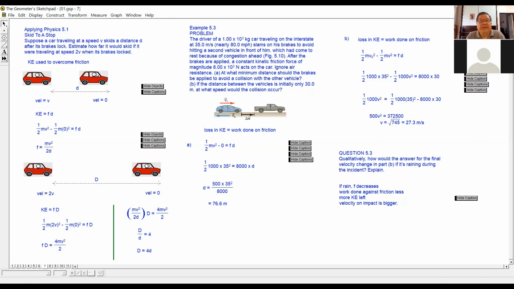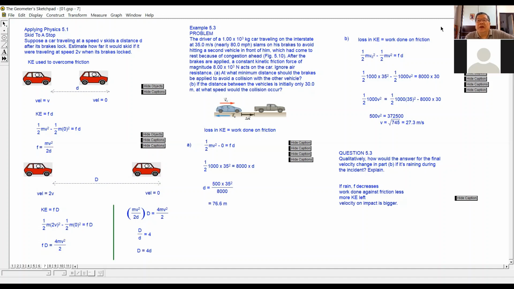Even though it's 30 meters, they slam on the brake. When the driver steps on the brake, you will definitely hit the car because the distance is only 30. But what we want to know is, just before hitting the car, how much is the velocity? How much is the velocity of the car before it hits the truck?